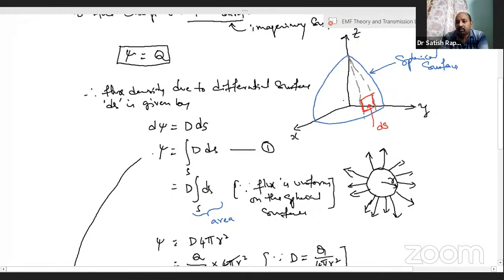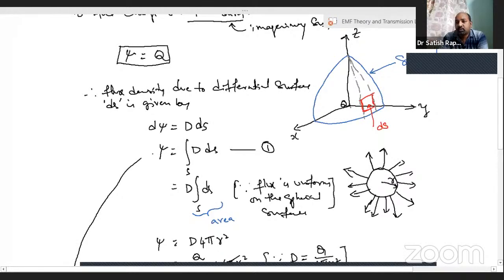Here at the center is Q. Taking a differential element, the flux passing through this differential element is the differential flux.